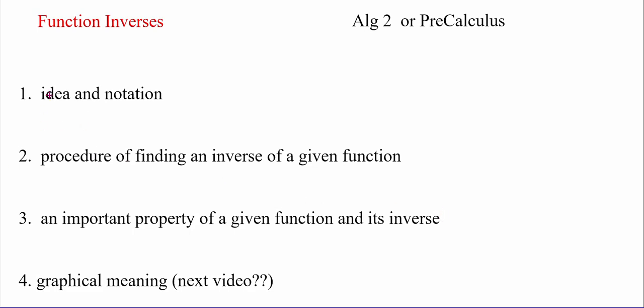What is the idea? It's basically having a function and another function, and they're inverses of each other if they undo each other. So as an example, if the f function does something, and we'll do the examples on the next page as to what f actually does, so this is some kind of rule that operates on the letter x, or theoretically on an expression, whatever that is.